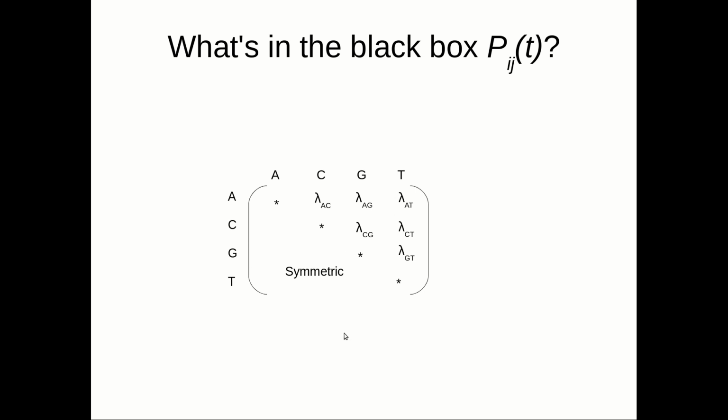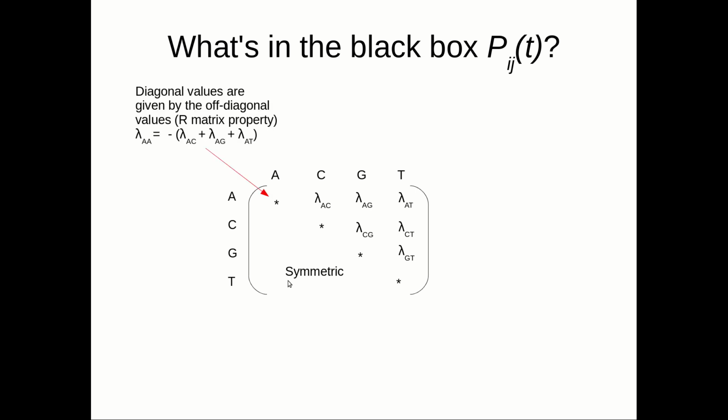To make this time reversible, the matrix also needs to be symmetric. As I said before, the diagonal values are given by the off-diagonal values. This is the property of the R matrix, such that the rows sum to 0.